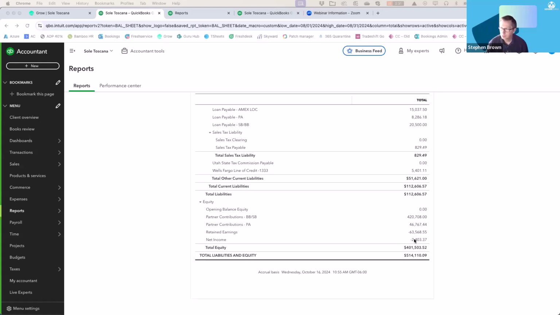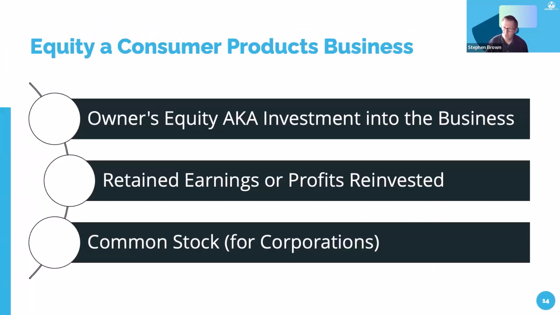And over this time period, our net income will also get reflected in there until you apply that as retained earnings through this time period. Like so many consumer products, we are around a break-even business. All right. So those are the fundamentals of a balance sheet.